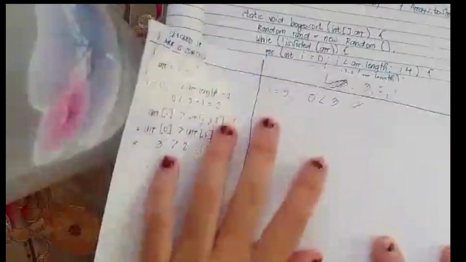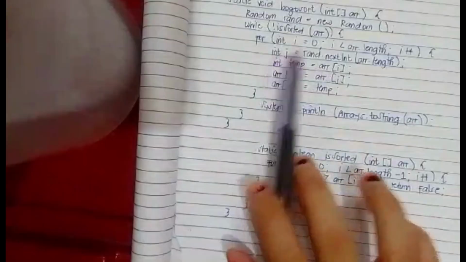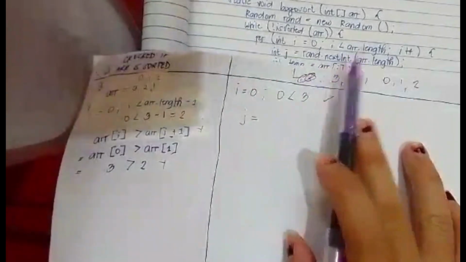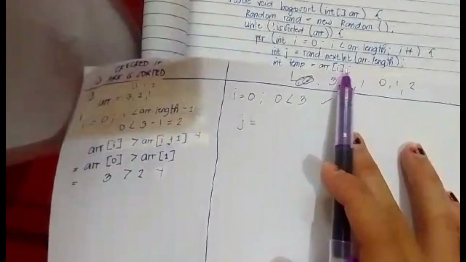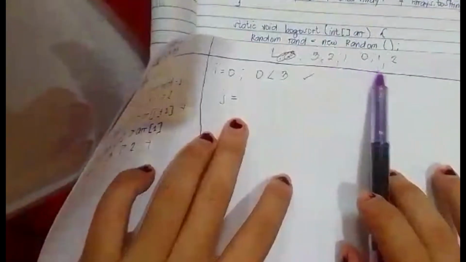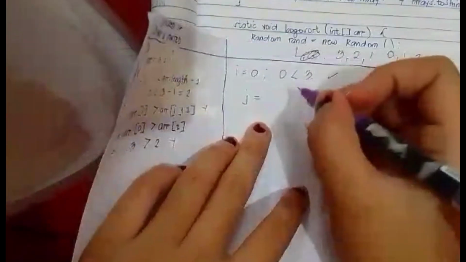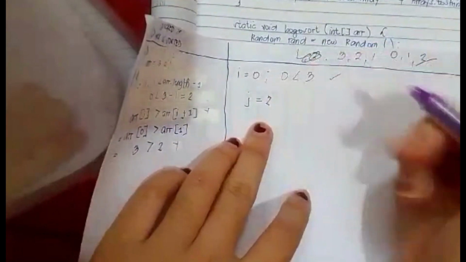Mo-proceed ta nganhi, nag-declare ta og int j, which is ang value niya is randomly selected from the index of this given value. So randomly selected man, so atong unang i-select is index 2. So j is 2.